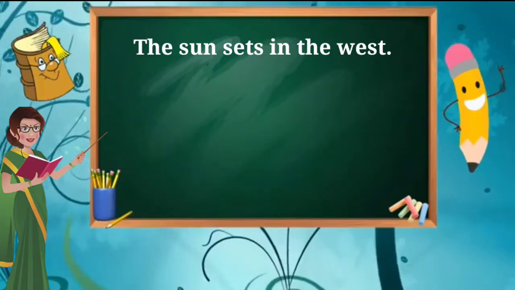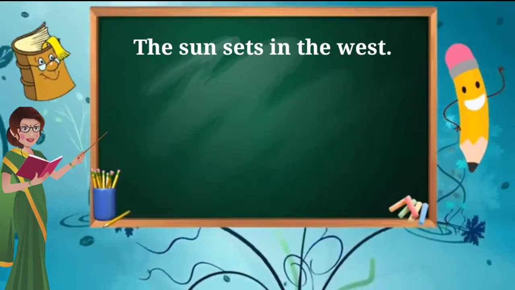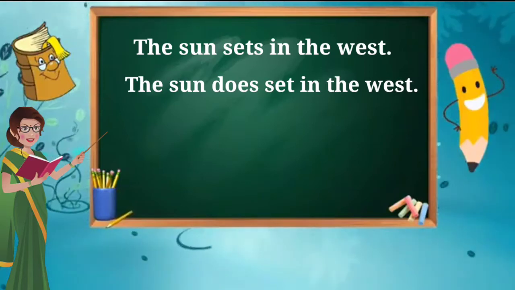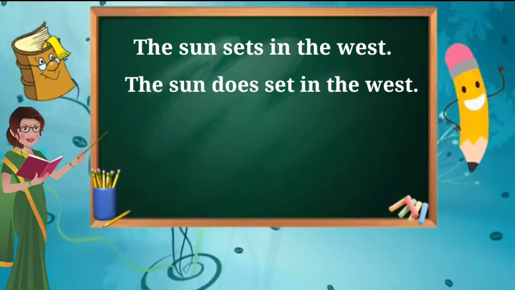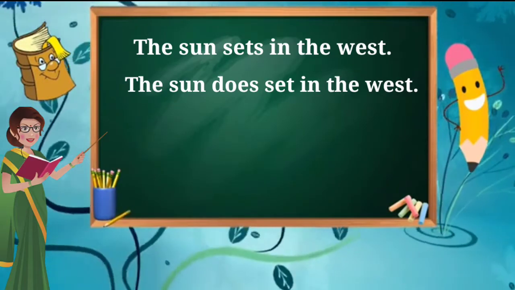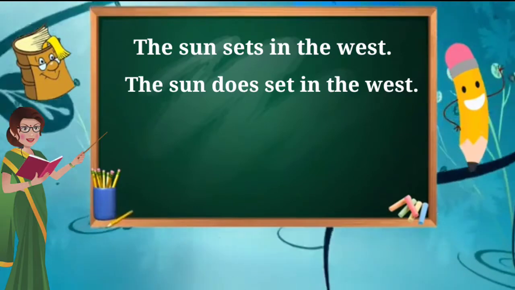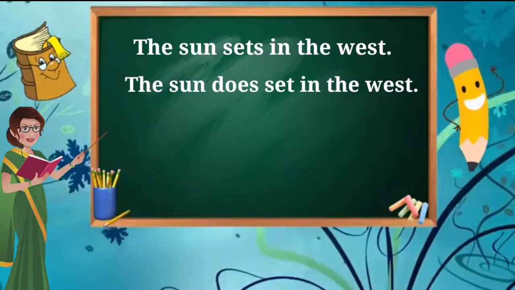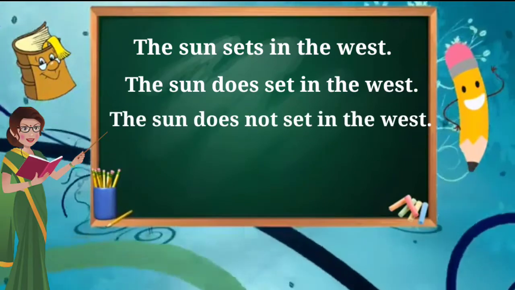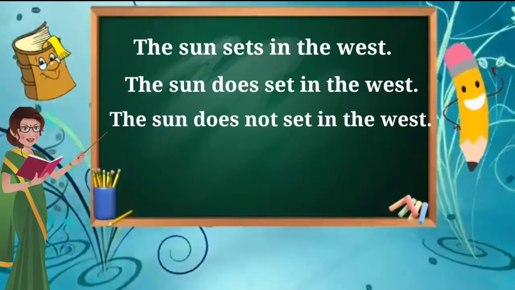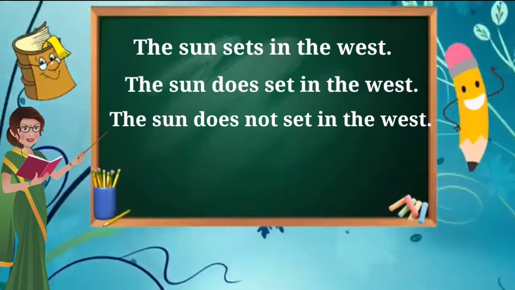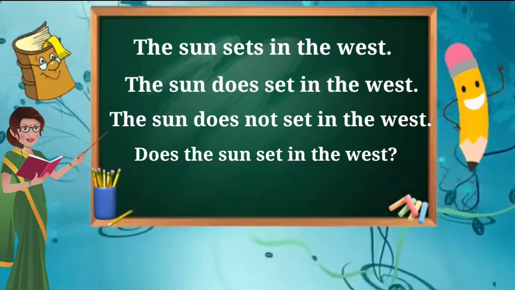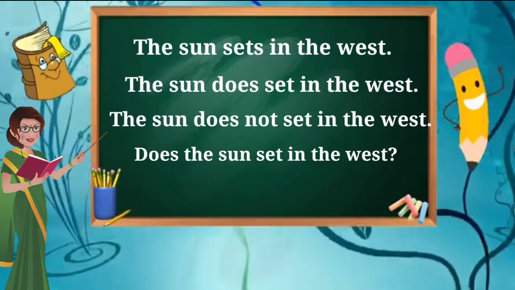Clear? So here we use the helping verb does. The sun does set. Sets become set. Okay? So the sun does set in the west. In negative, the sun does not set in the west. In question, does the sun set in the west? Then put a question mark.